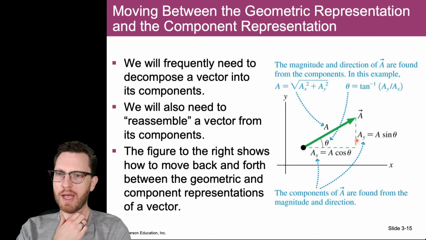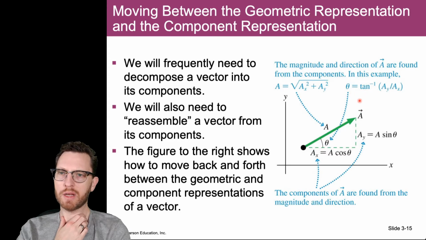So I have all the different representations shown on this plot. I have the graphical representation, the green arrow here. I could describe that as a vector that has a magnitude that's equal to the square root of AX squared plus AY squared, just the Pythagorean theorem, at some angle above, or counterclockwise from my x direction.